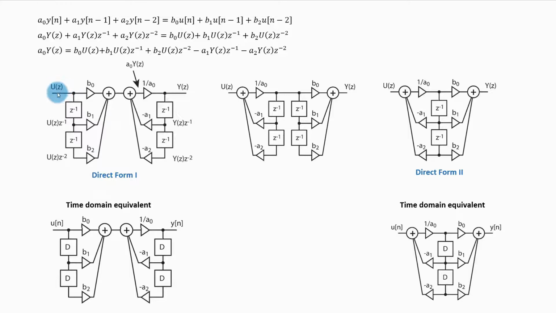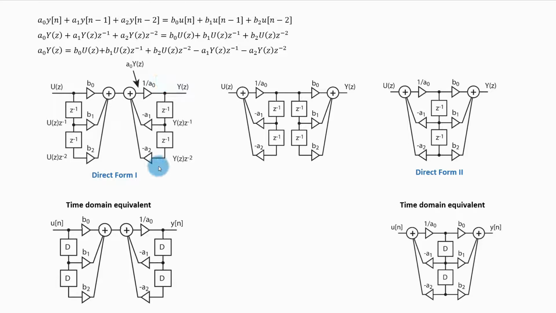It doesn't matter whether I first multiply by the transfer function of this filter and then by the transfer function of this filter. I will get the same result when I multiply first by the transfer function of this filter and then by the transfer function of this filter. The multiplication is commutative. So I can change the order of these two filters.